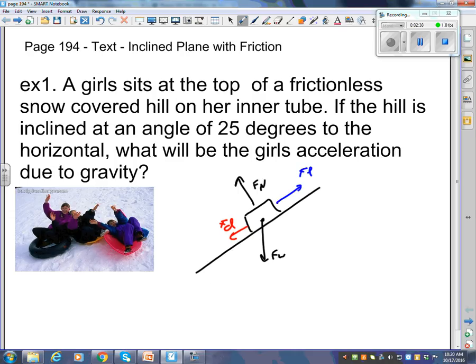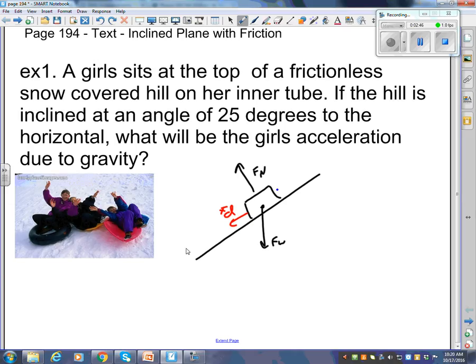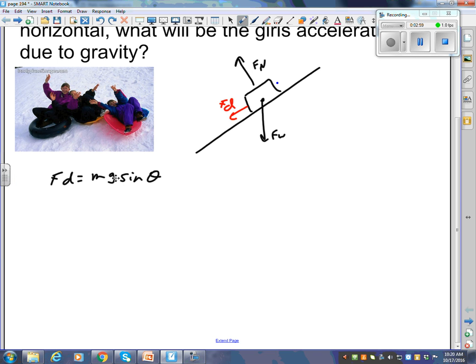It would be there, but there's no friction. Right? Okay. So what will be the girl's acceleration due to gravity? Well, the only force acting in the direction of motion is Fd, right? So what is our value of Fd? Fd is equal to mg sine theta. And you know what? I'm going to move this over here so that I know that I have room.